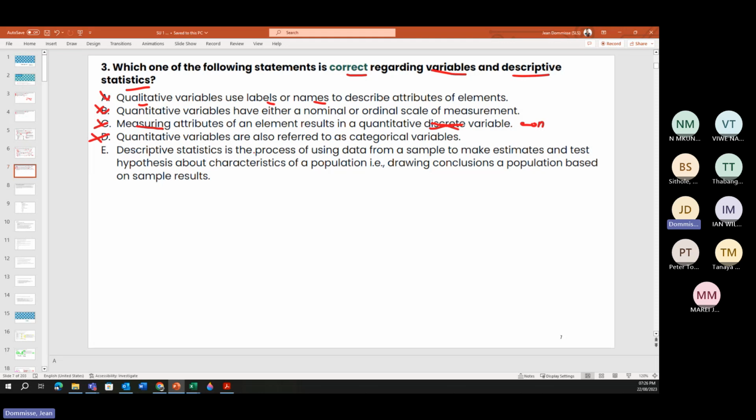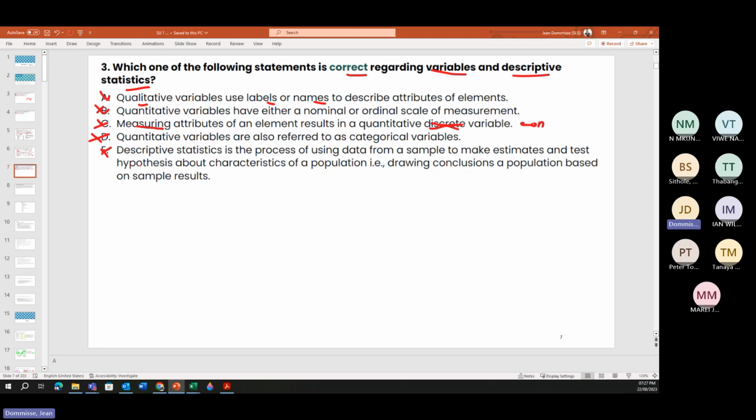As written, it says descriptive statistics uses data from a population to make estimates about a sample, drawing conclusions about a sample based on population results. So that one is just the opposite. That is why that one is also wrong.